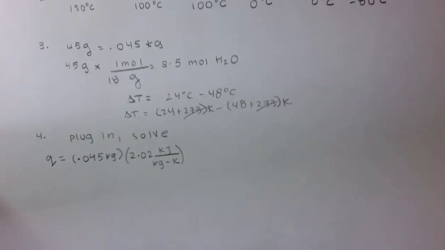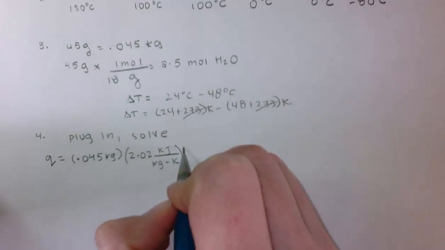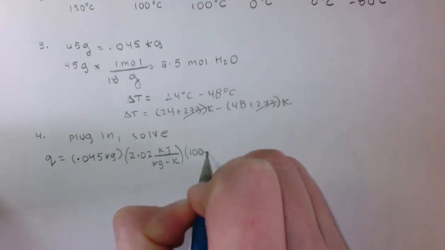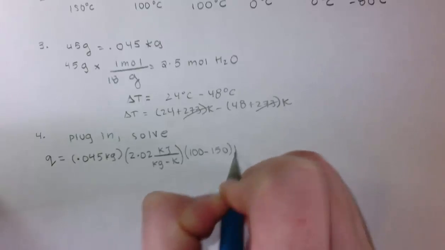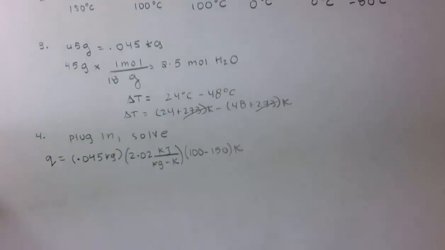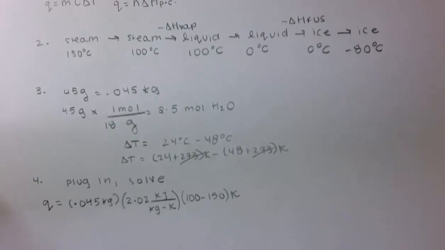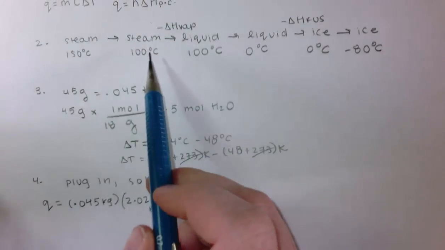And then we're going to multiply that by our change in temperature, which is just going to be 100 minus 150 Kelvin.